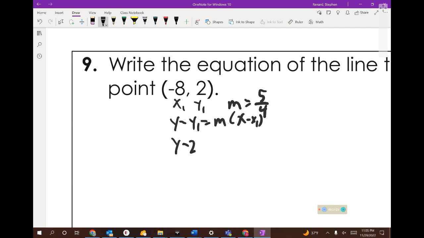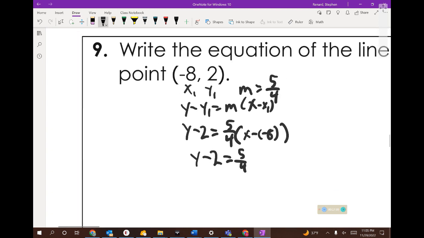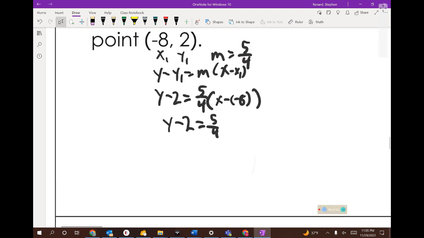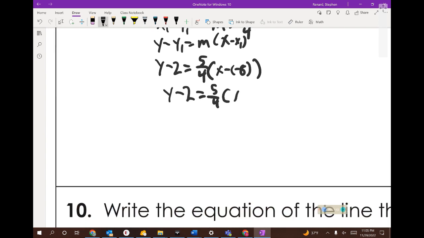So we go y minus 2 equals 5/4 times x minus a minus 8. So we have y minus 2 equals 5/4 times x plus 8.